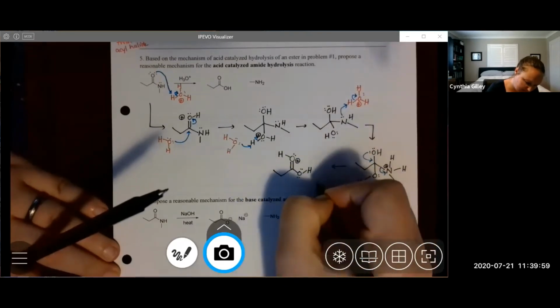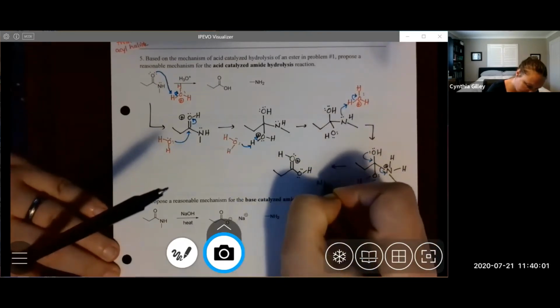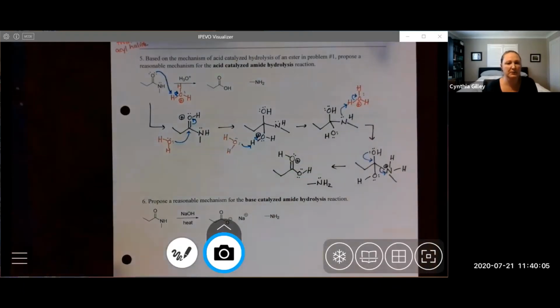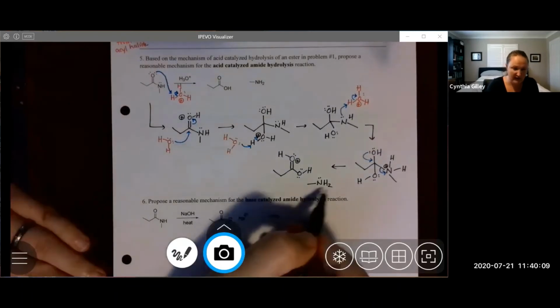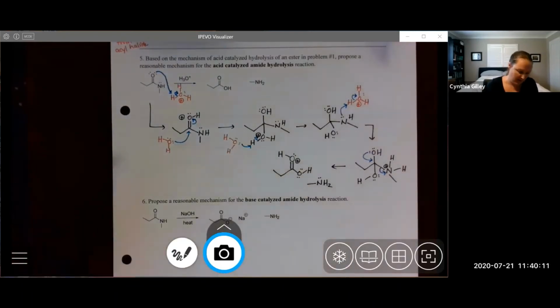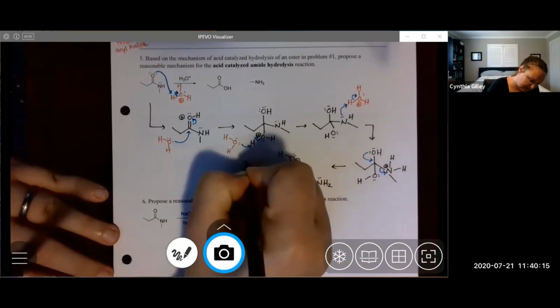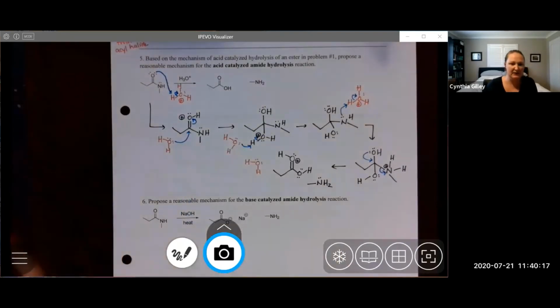We've kicked out our amine, our methylamine. That's a good leaving group. Basically water or the amine, whichever you want, can come in and do that final proton transfer. Technically the amine is a better base, but there's a bunch of water around, so it could be either.